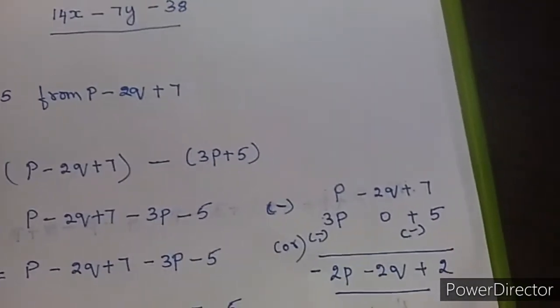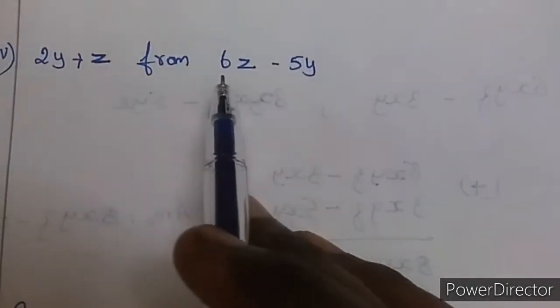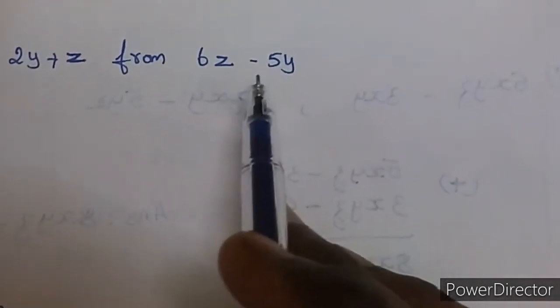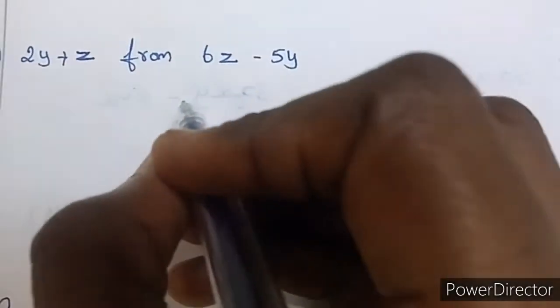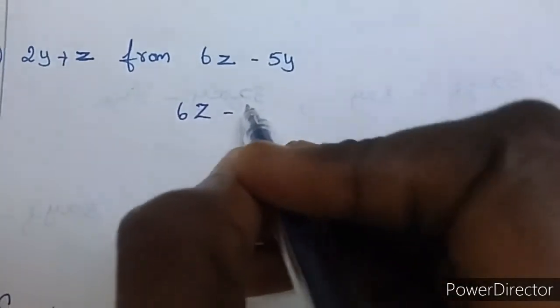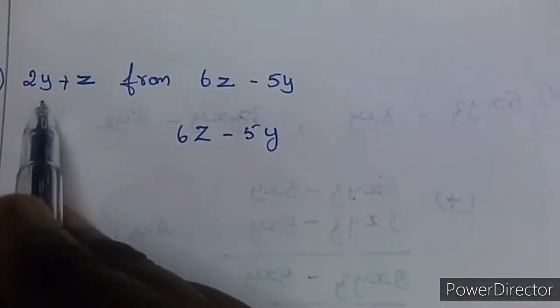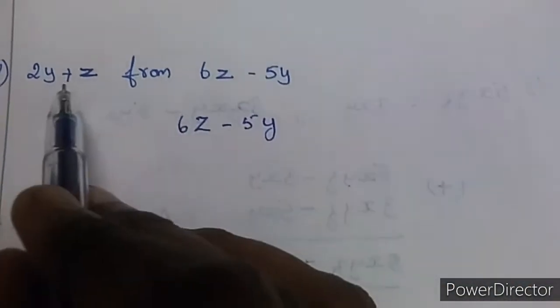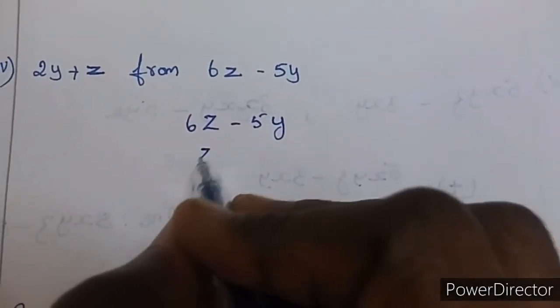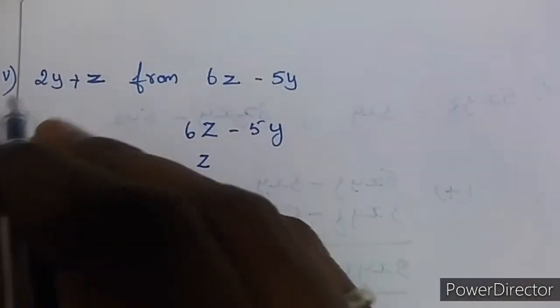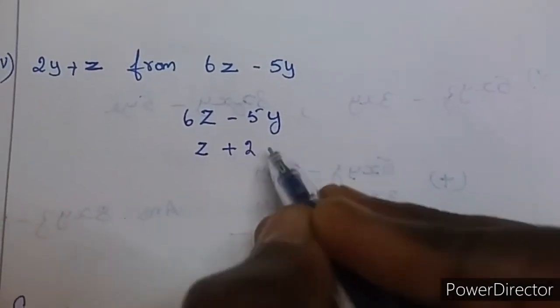Let's try one more subdivision in this given question number 6. Here they given 2y plus z from 6z minus 5y. So arrange 6z minus 5y. Now what is the next one? 2y plus z is given, so plus z you write here and plus 2y.